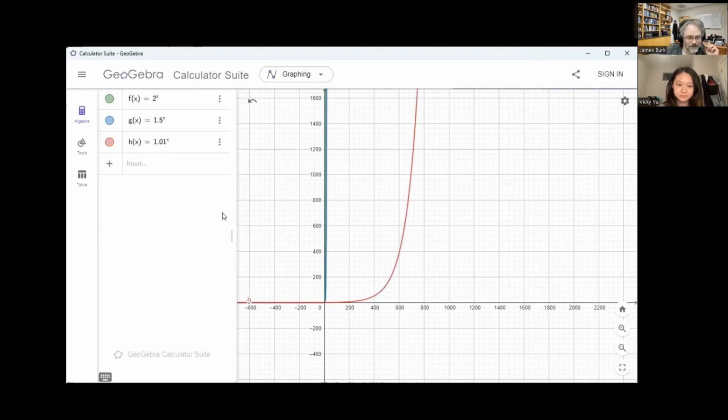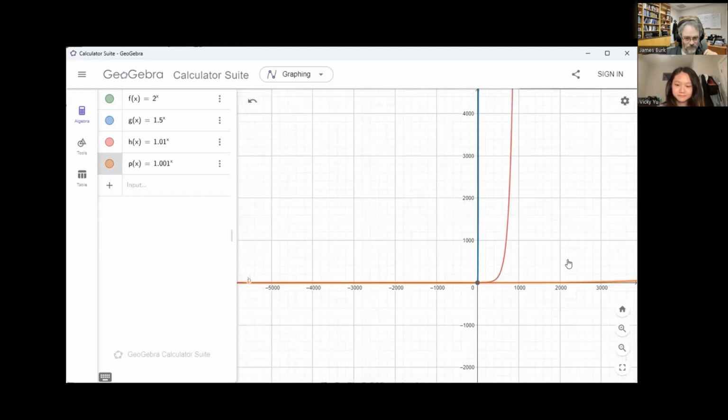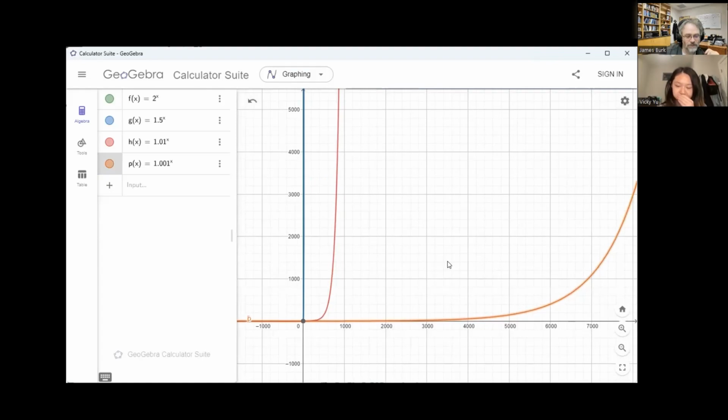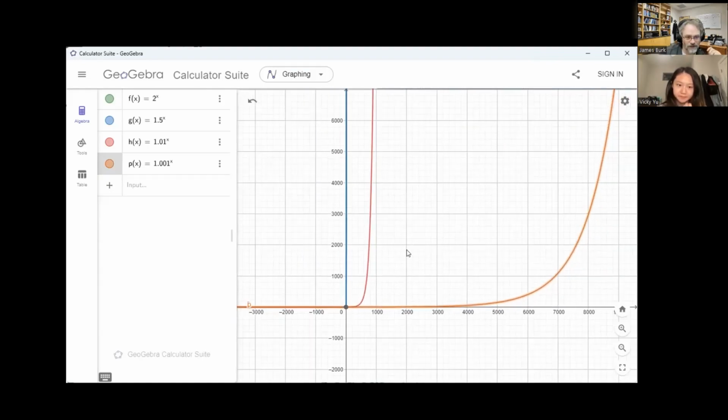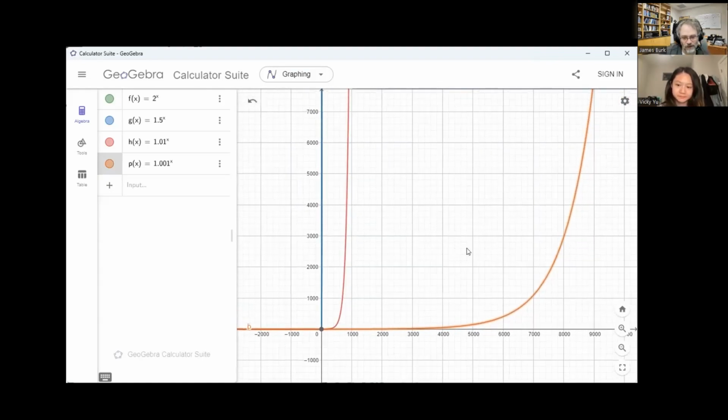There we go. Okay, so that's what's happening with these exponential graphs. If my base is bigger than 1, it might take a while, but see how it's eventually shooting up?